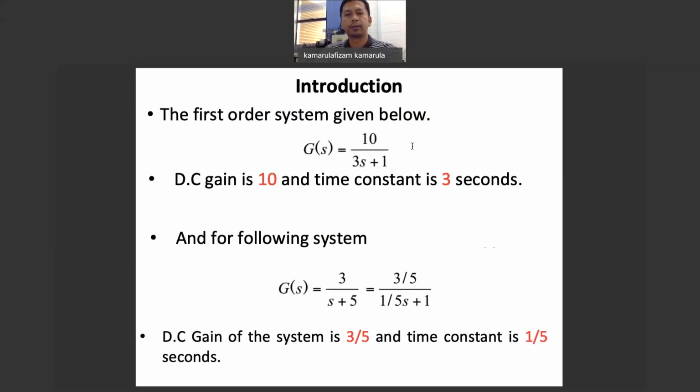And for this following system, 3 over s plus 5, you can do this kind of conversion where the DC gain is equal to 3 over 5, and the time constant is 1 over 5. You can easily pick up the information from a simple transfer function equation and characterize the transient response straight from this equation.